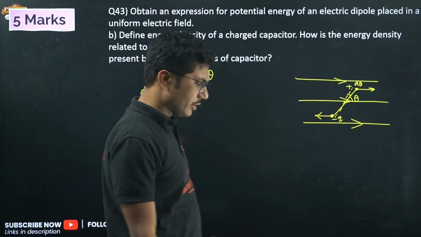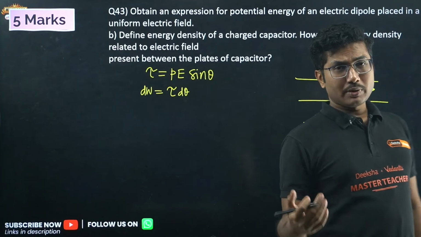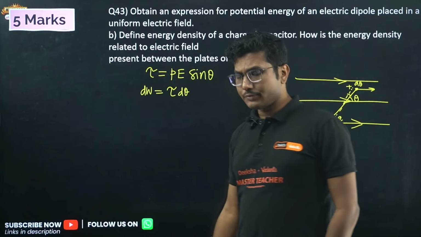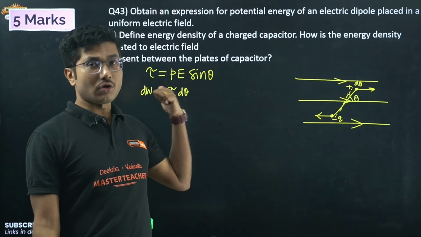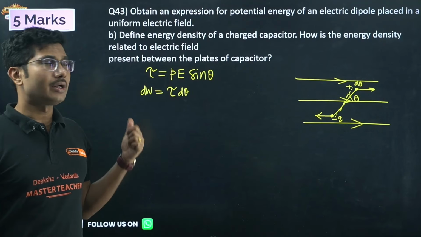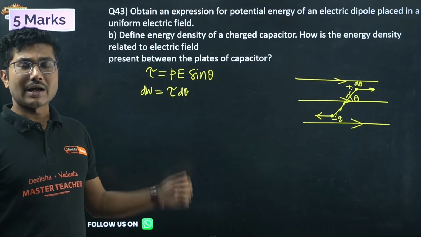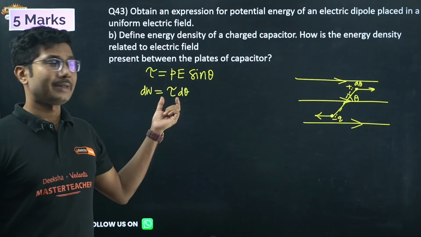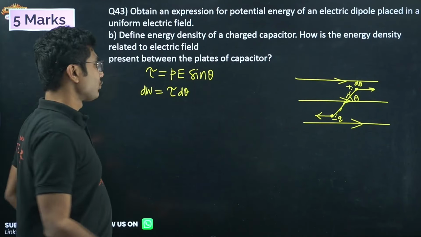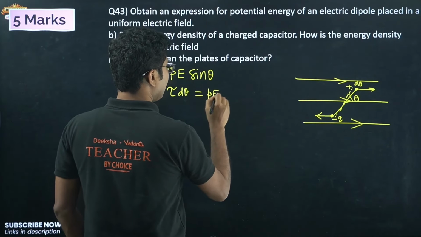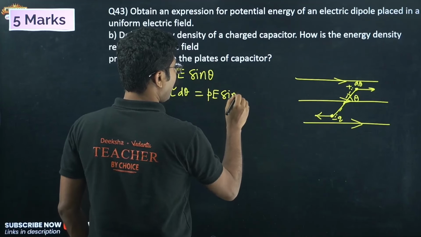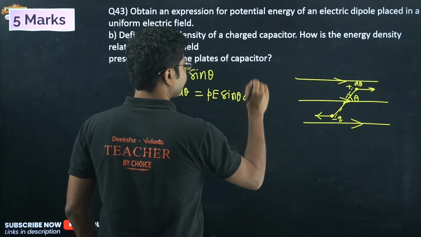In case of normal linear force, it was force into linear displacement. In case of angular force, that is torque, also called angular force, it is angular force into angular displacement, that is d theta. So this is the small work done, and that is given by PE sin theta d theta.